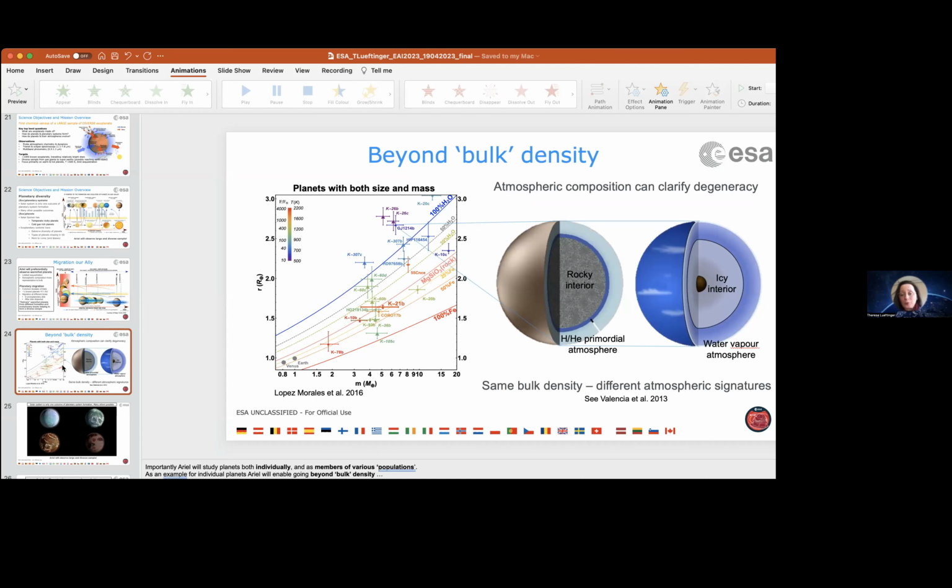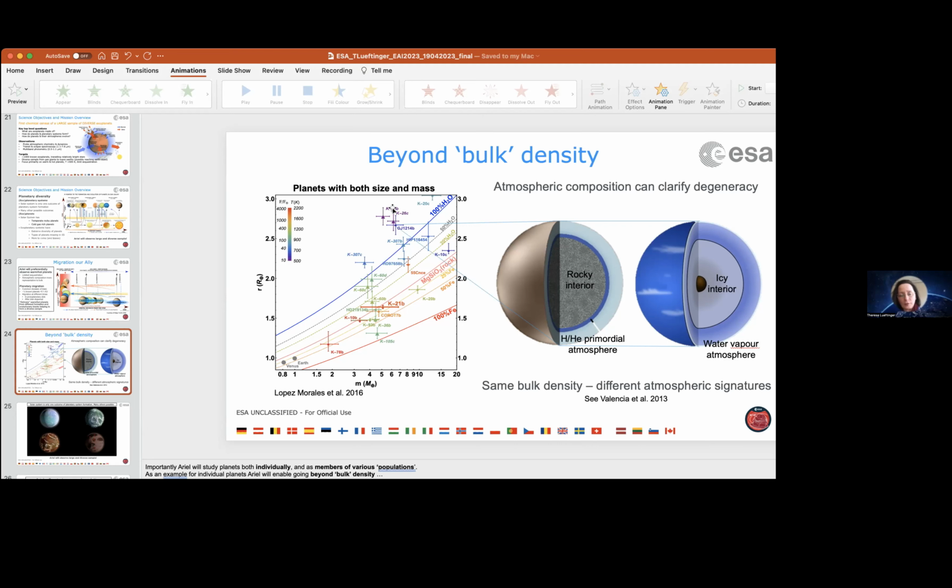So what we can also do, and that's a very central point, is that we will be able to go beyond bulk density, which means we do not only have masses and radii of exoplanets, but we have a lot more information. If you have a look at the left diagram here, that's a plot of mass against radius. Two very different planets, as shown in the picture to the right, have measurements very close together.